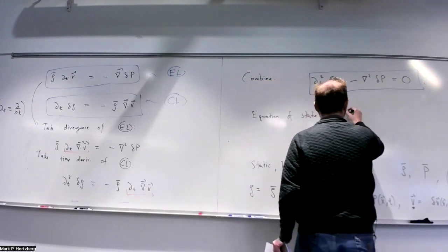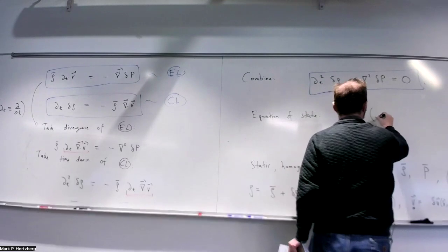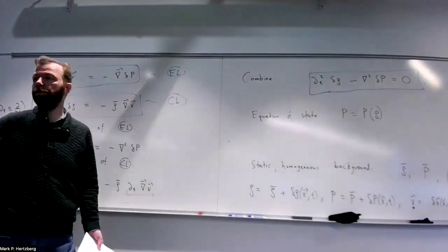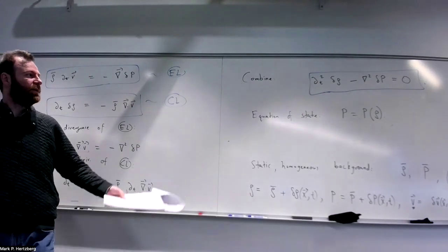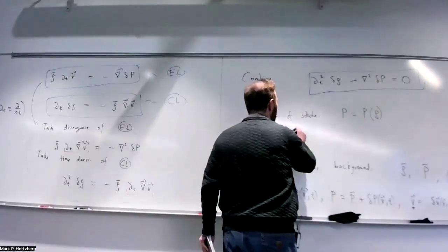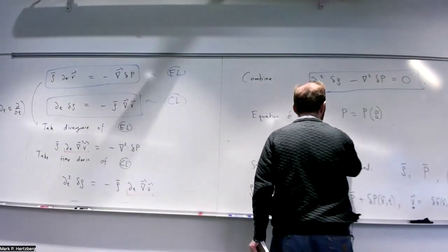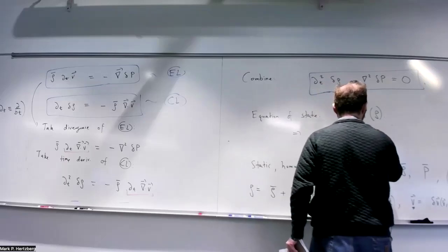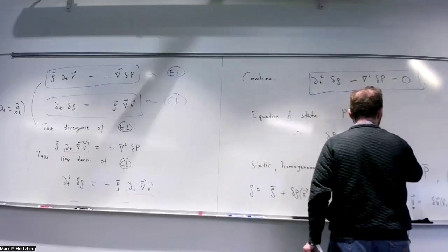And for simplicity, we'll take P just to be a function of rho. In principle it could depend on other things like temperature and so on, but let's imagine it's uniquely determined by the density. And then that implies a little perturbation delta P is just dP d rho times delta rho.